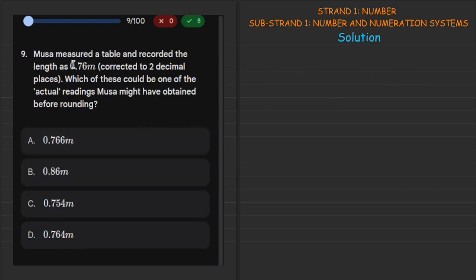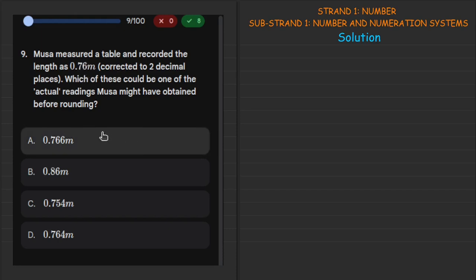It says Musa measured a table and recorded the length as what? 0.76 meters. That is correct to 2 decimal places. Which of these could be one of the actual readings Musa might have obtained before rounding? Now we want to check all of these. Which of them rounds to what? 0.76.